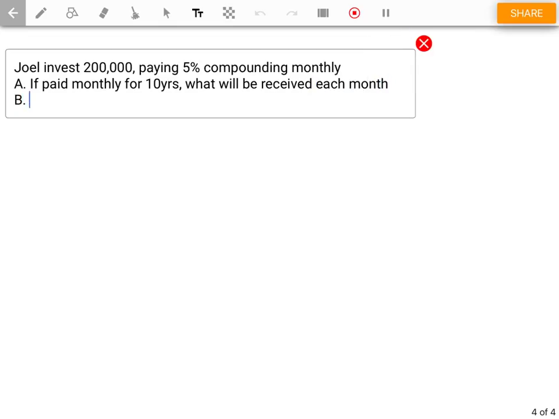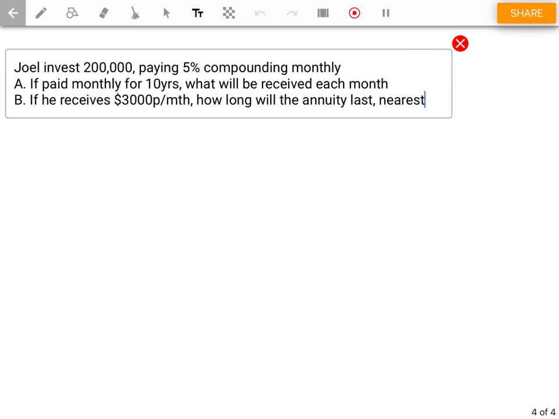B, if he receives $3,000 per month, how long will the annuity last? Nearest month.